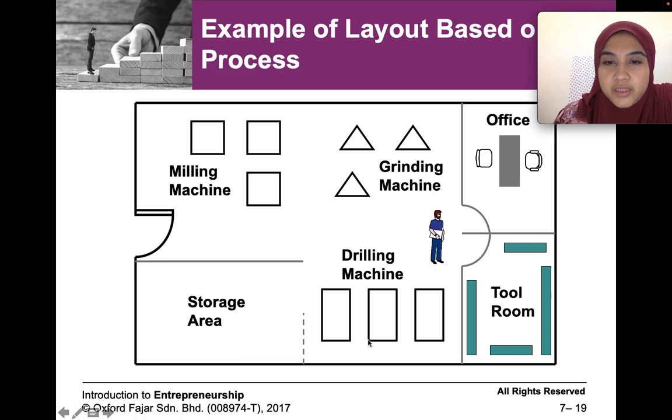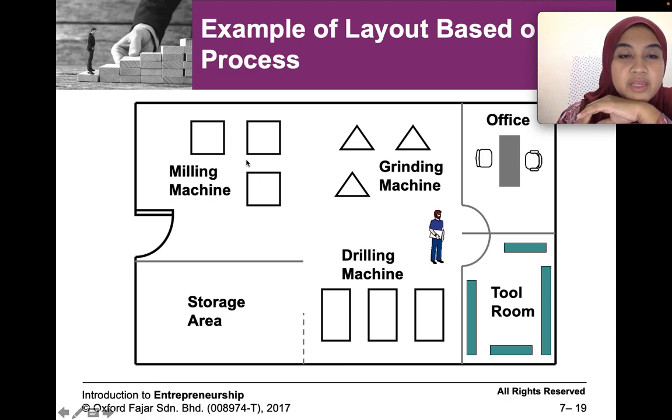If you can see here, under the layout based on process, there is no sequence, there is no flow. The company will try to arrange the machines according to the function, according to the process of the machine. Here we can see a milling machine, a grinding machine, and a drilling machine.